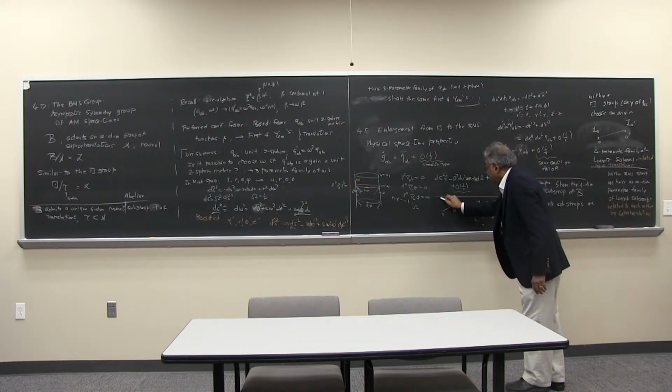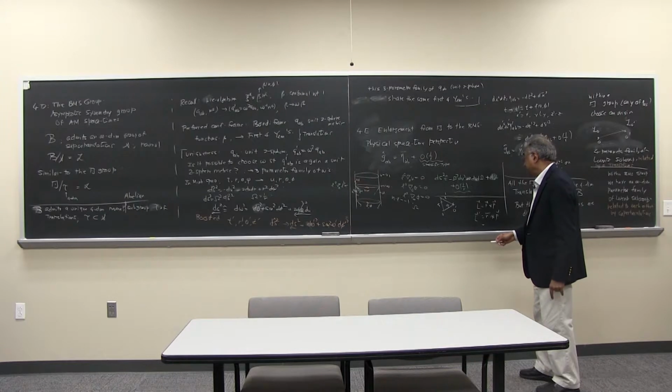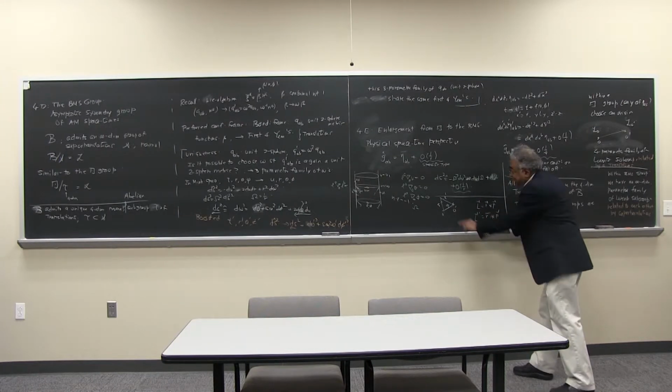But if this is the R coordinate of any given point, this is the R prime coordinate, the R prime vector. Therefore R is equal to T plus R prime. So we just substitute here, right?